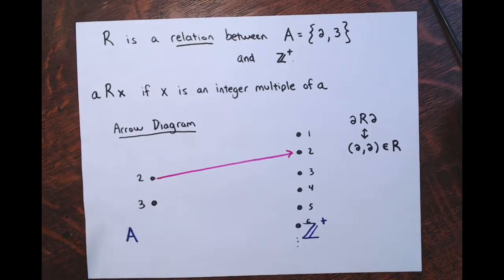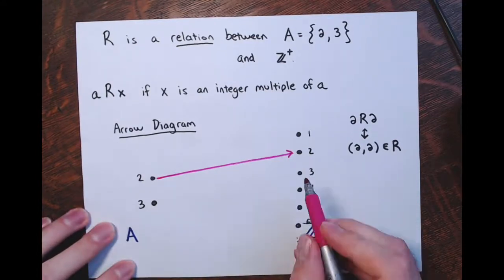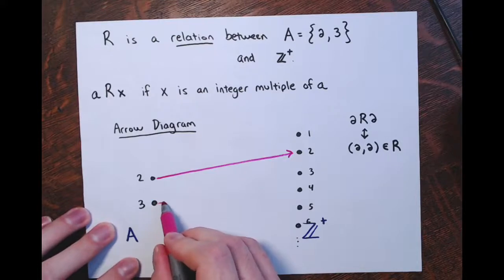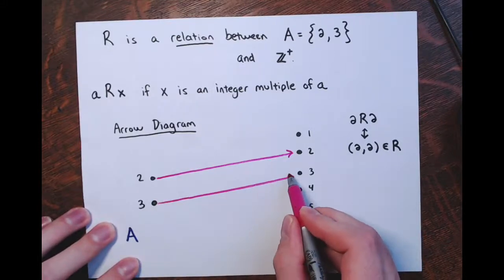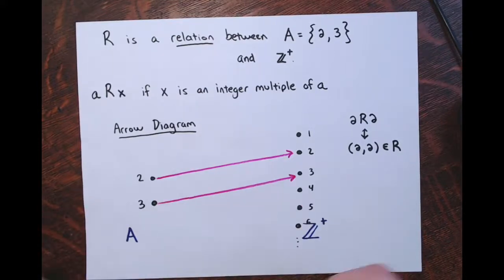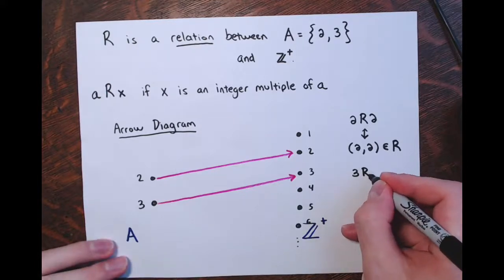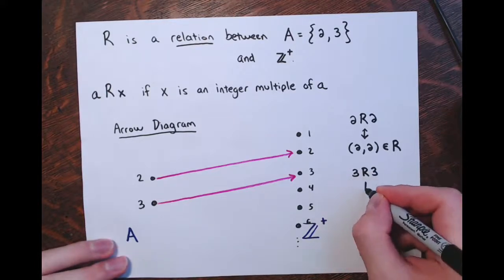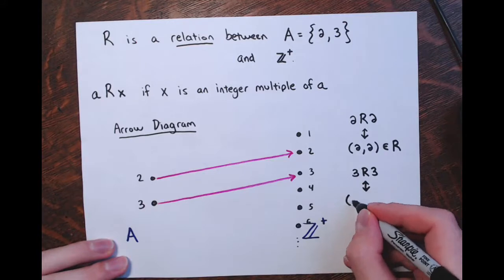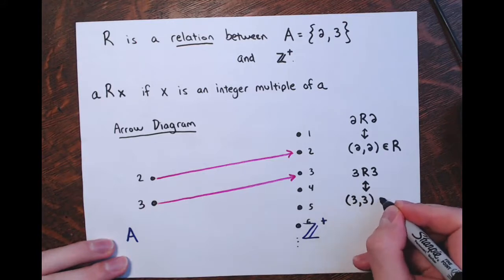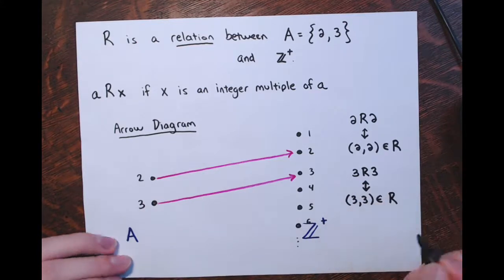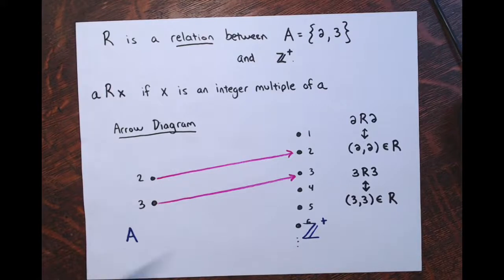Is 3 a multiple of 2? No, but 3 is a multiple of 3. So I've got an arrow from 3 to 3. That's 3R3. In other words, the ordered pair (3, 3) belongs to this relation R. Is 4 a multiple of 2?